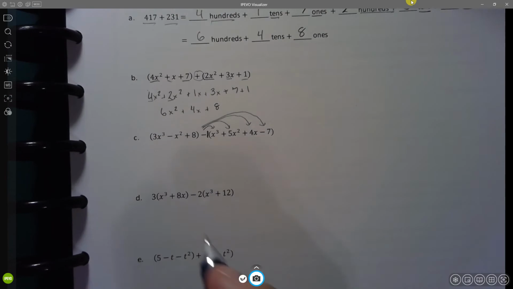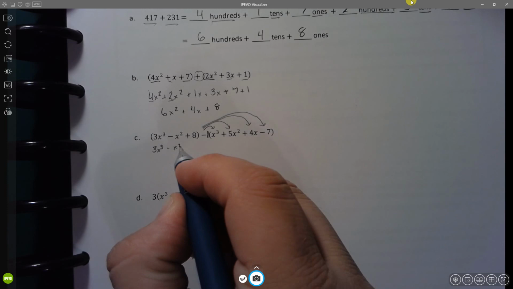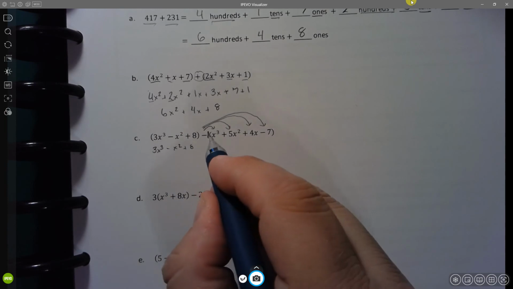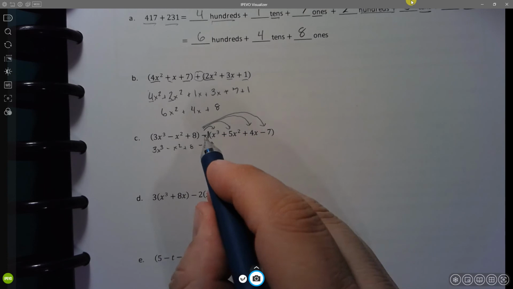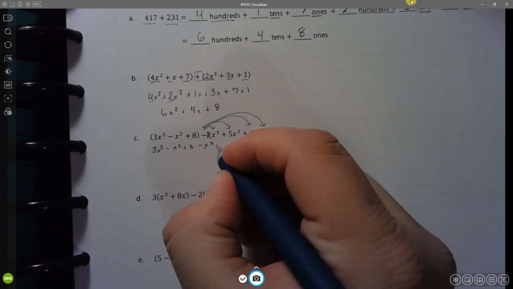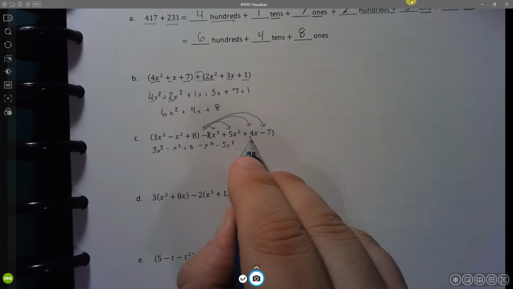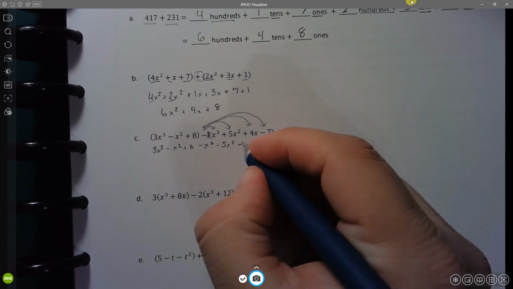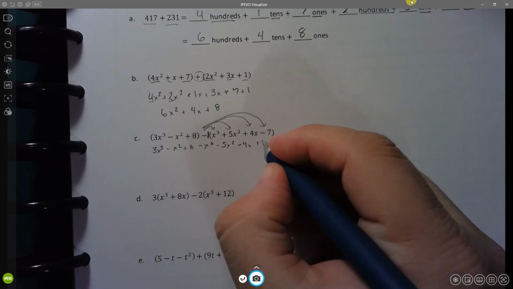Okay? So I got 3x cubed minus x squared plus 8. Negative 1 times a positive x cubed is a negative x cubed. Negative 1 times a positive 5x squared is a negative 5x squared. A negative 1 times a positive 4x is going to be a negative 4x. And then a negative 1 times a negative 7 is a positive 7.